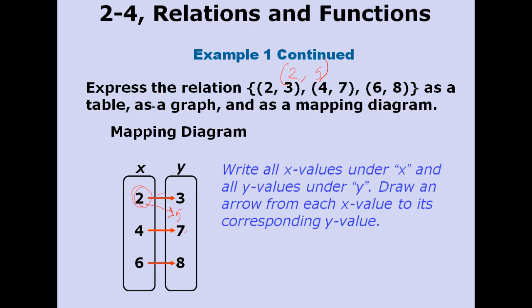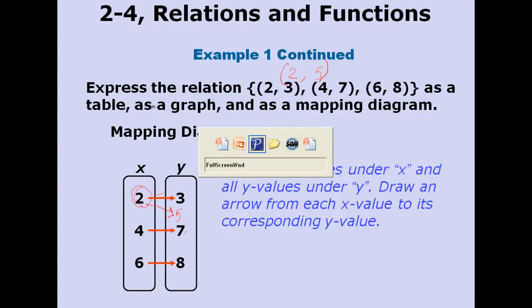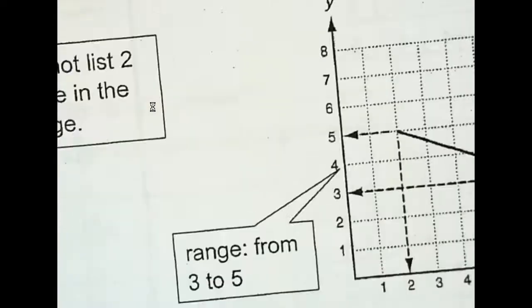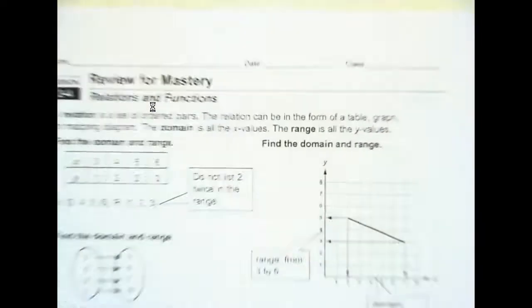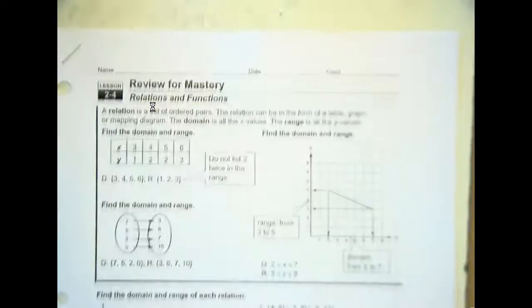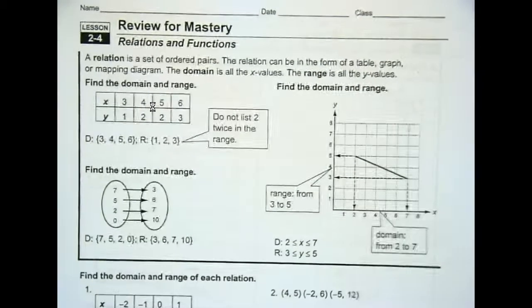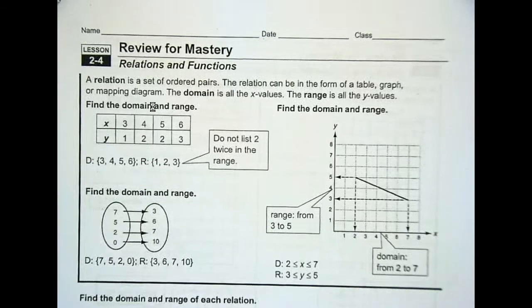Okay, I want you to take a look at your assignment. Go ahead and look at the top page there, and I want you to read the top to yourself. So really the top is just going through what we've already gone through, right?